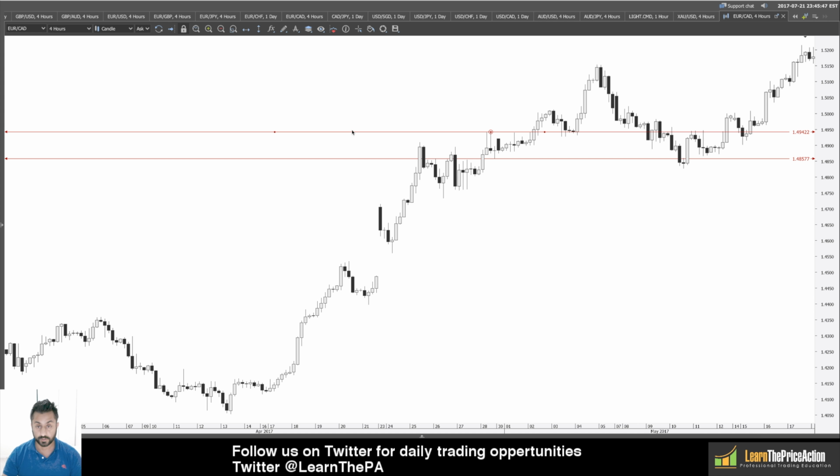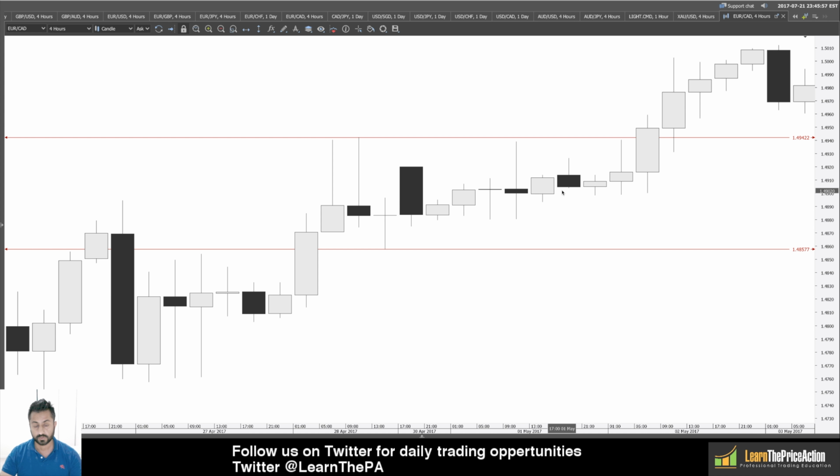Because whether you place your stop loss, for example, you want to take this trade. Okay, I'm just going to zoom in and I'll explain for a second. Let's say we zoom into this level. Let's say you want to go long on this one, and you decided on this pin bar that you want to be long.